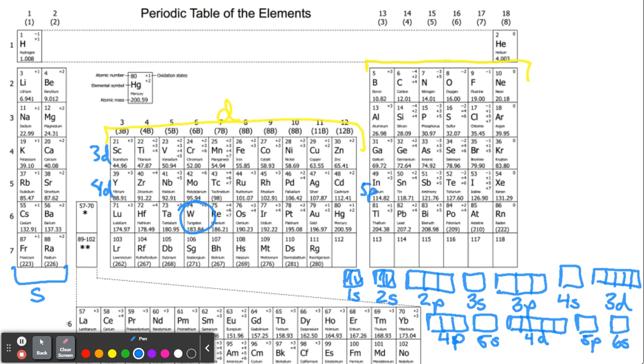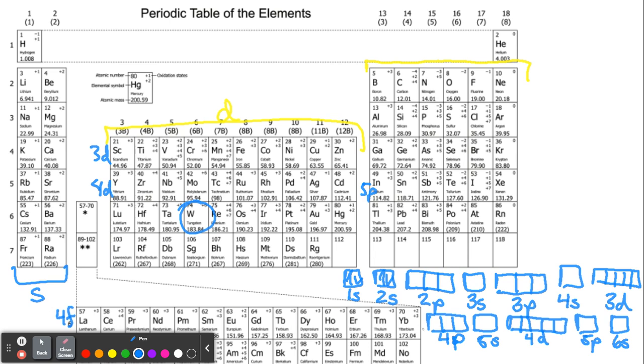So if you think through your quantum variables, this is our 4f orbital. And if you're wondering why it's 4f, think through your allowed quantum numbers. When n is equal to 4, well then l can equal either 0, s, 1, p, 2, d, or 3, f. So this is the 4f block.